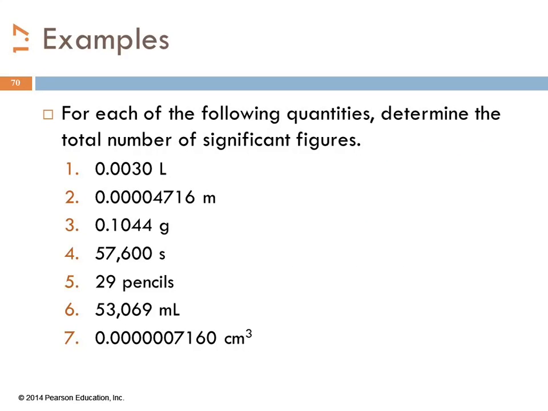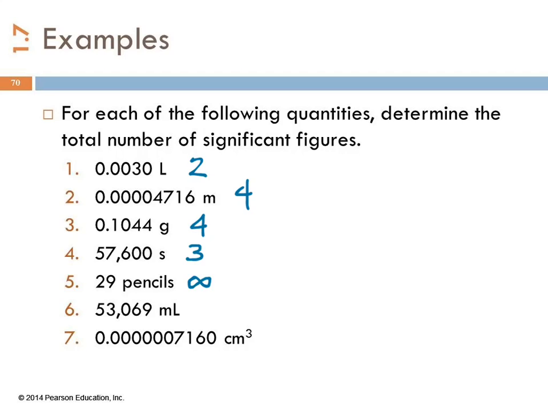Examples. How many significant figures in each of these guys? 0.0030 liters. 2. How about the next one? 4. How about number 3? 4. There's an interior 0 on that one. How about number 4? 3. We could also say that's ambiguous, but if we have to put a number. 29 pencils.